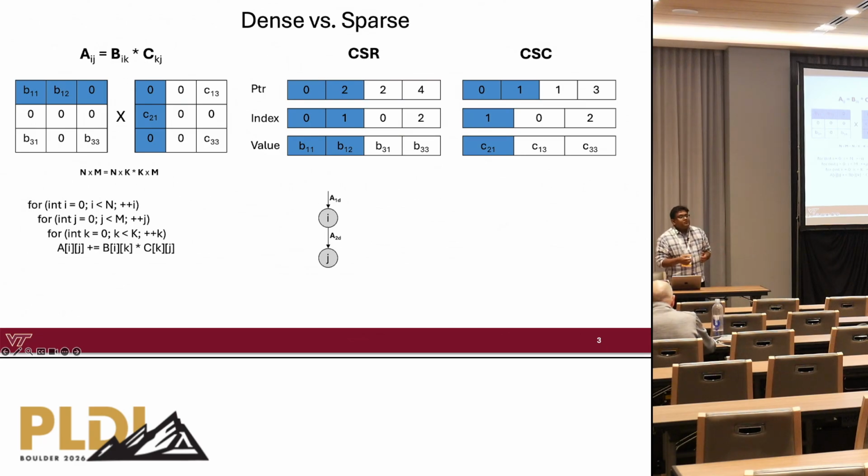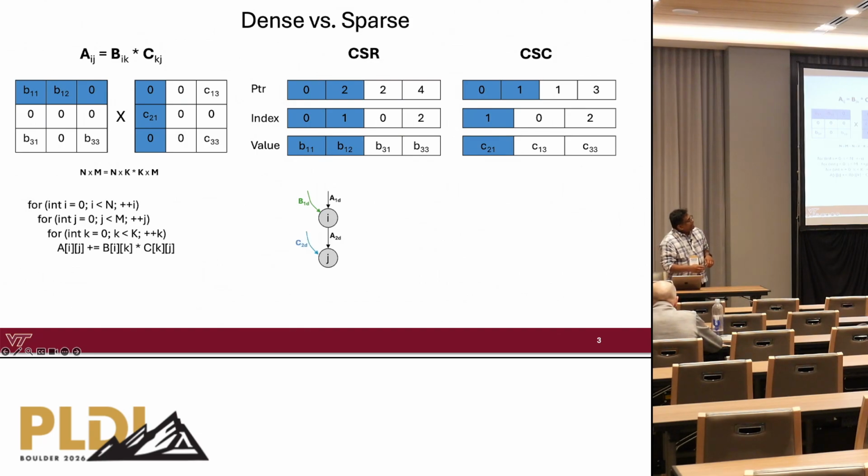Now we have a lot of sparse tensor compilers, and one of the abstractions that they use is the iteration graph. I have provided a partial iteration graph over there. The iteration graph nodes are basically your indices, and the edges are basically the dimensions of your tensors.